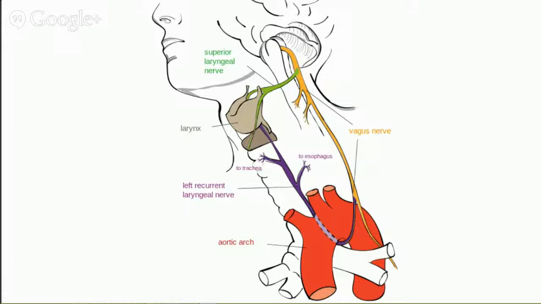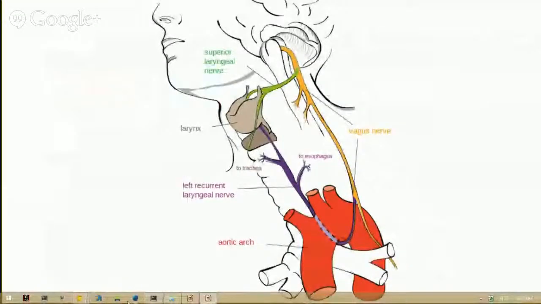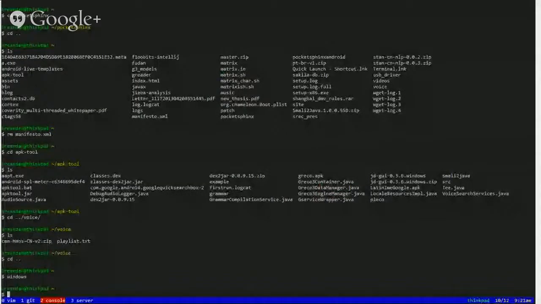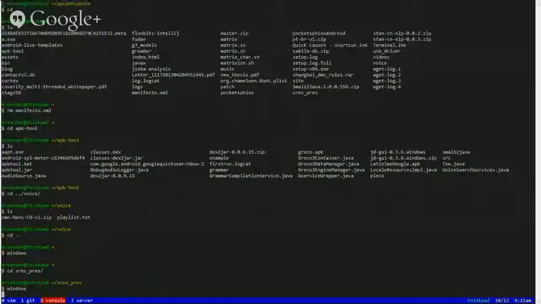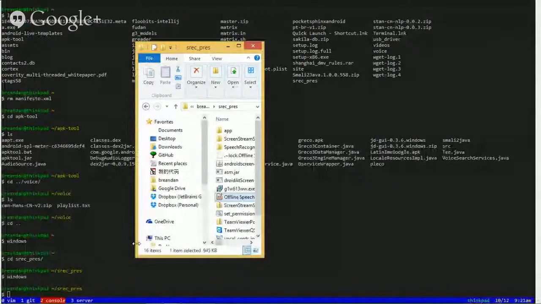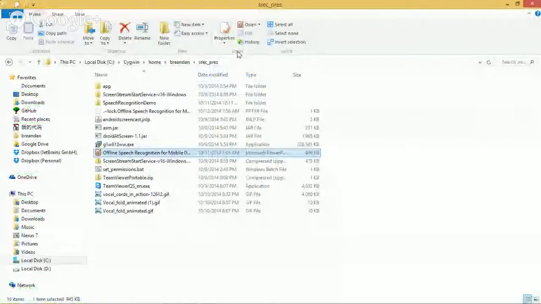The trachea is like a, so I have a little video I can show you how it works. In the trachea there are these two flaps, with air that goes in and out, or mostly out, and they're the vocal folds.